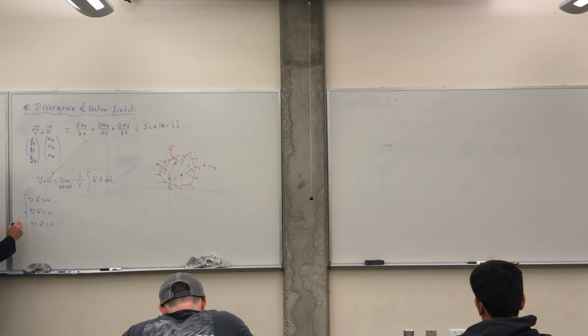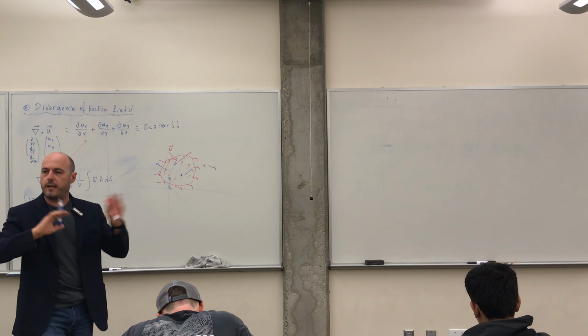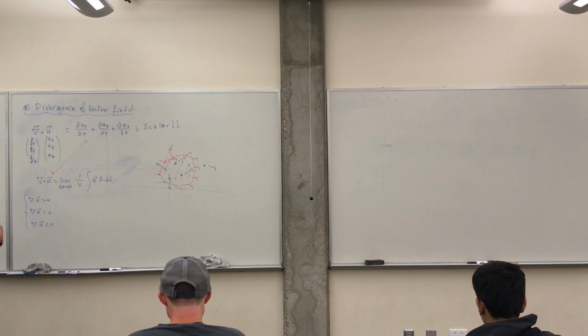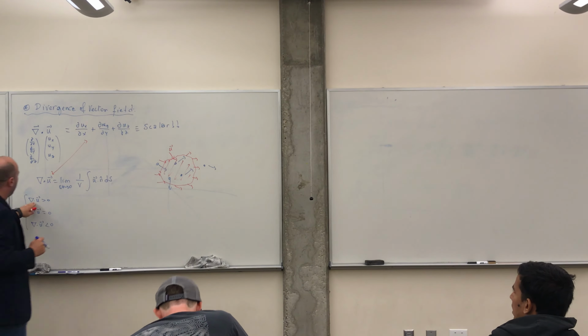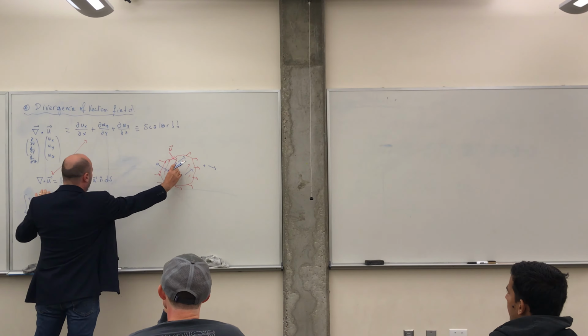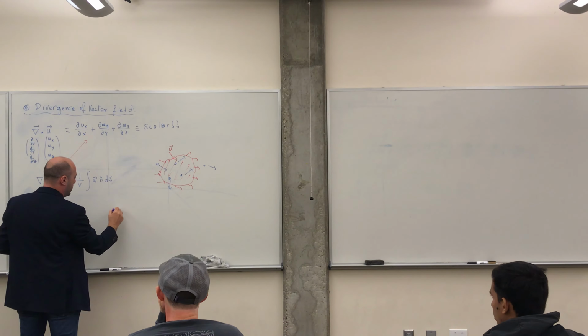And I always want you to think of the divergence as fluid flow. Even if you're dealing with divergences of any other vector, whatever that vector is, could be the heat flux, for example, think of it as fluid flow. So as we shrunk this volume, we were able now to define the divergence at a single point.